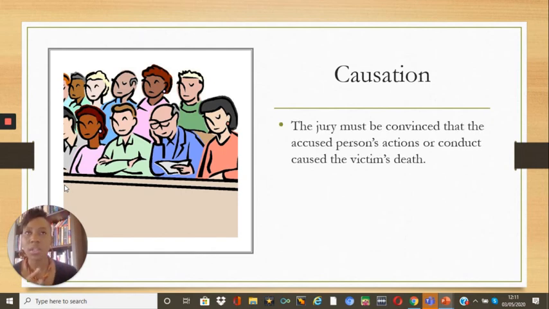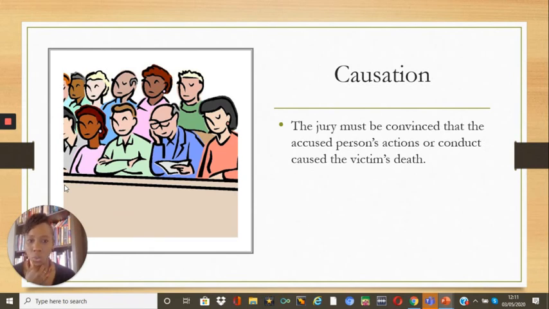Now we're going to move on to this question of causation. Remember, causation was one of our key words at the beginning of the lesson. Causation is the principle that the harm caused was caused by the defendant.